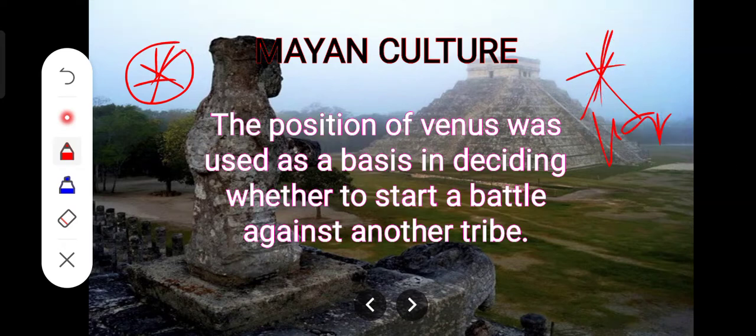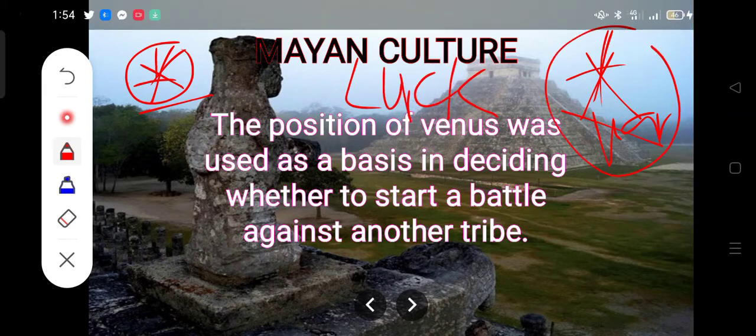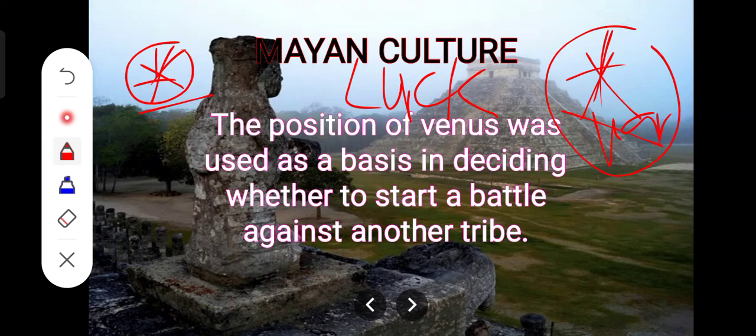Bakit naging basis ang position ng Venus? That is because they believe that the Venus position will become their luck. Okay? For example, pag dito, let's go to war, it means that we will win because the position of Venus is at the right side. So, they base their luck on the position of Venus.